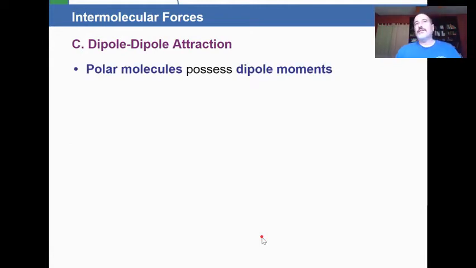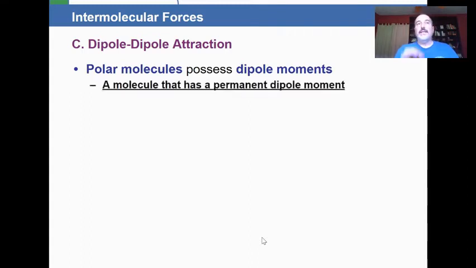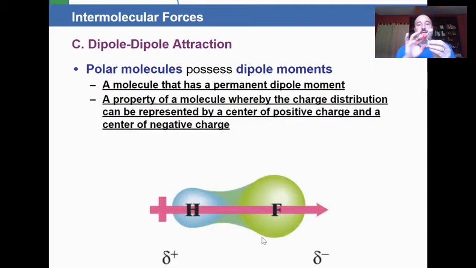Now, polar molecules possess what are known as dipole moments. A polar molecule, as we said before, is a molecule that has a permanent dipole moment. A dipole moment is the positive or negative end on a polar molecule, where the polar bonds draw the electrons closer to one side, thus making it slightly negative, the other side slightly positive.